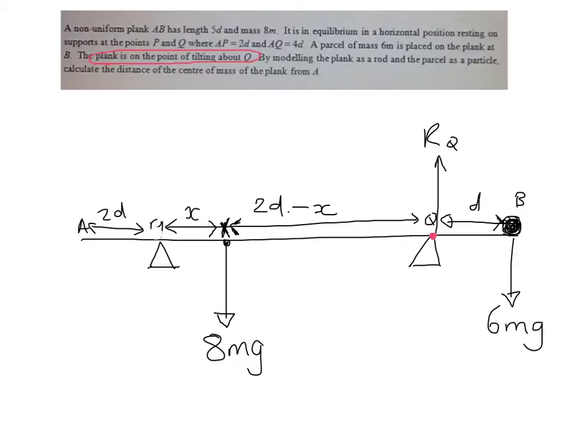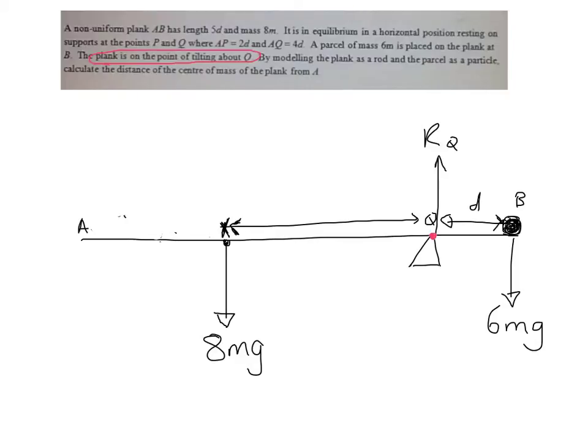So, in that case, with my picture, rather than having 2D and then x, I might do these lengths a bit differently, because essentially there isn't even a pivot there. I think I might label this differently. I think it's probably going to make the calculations a bit easier. So what do we know?